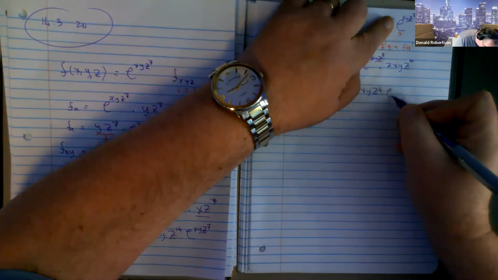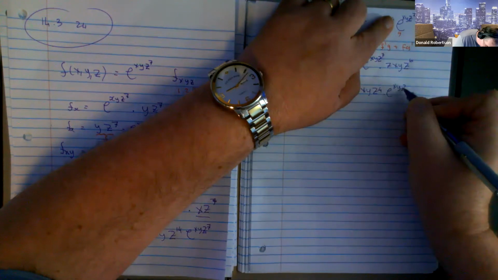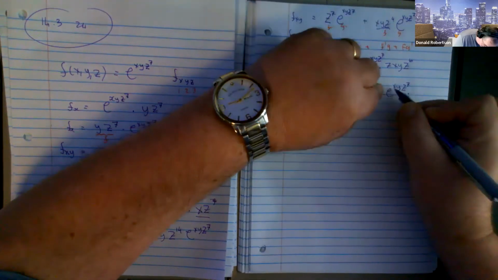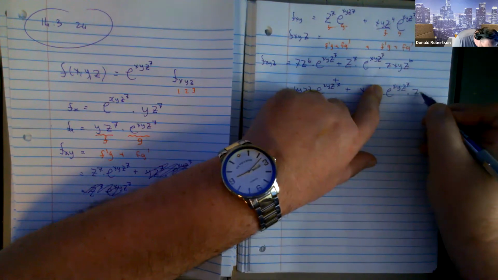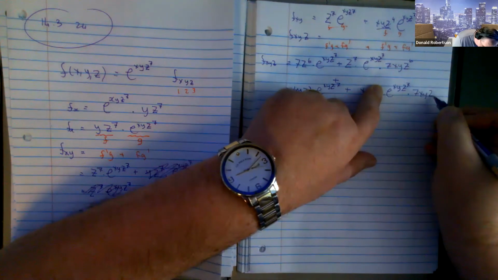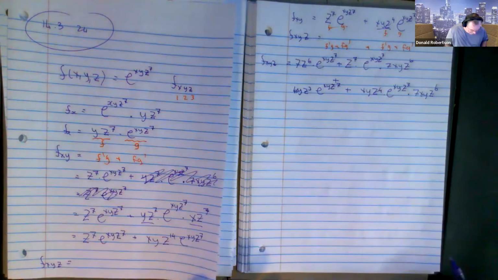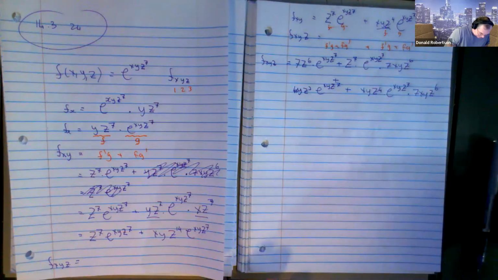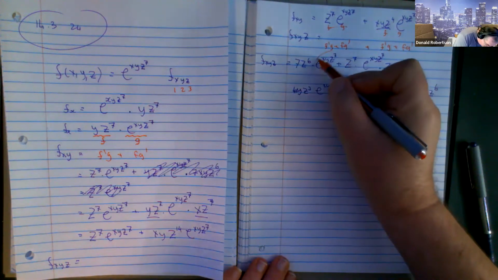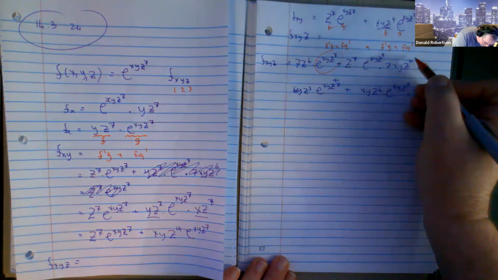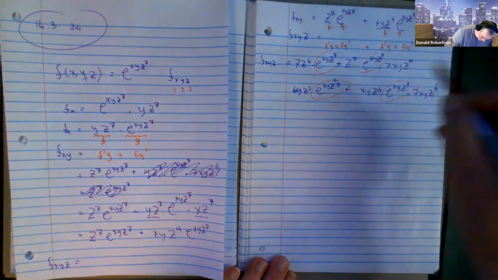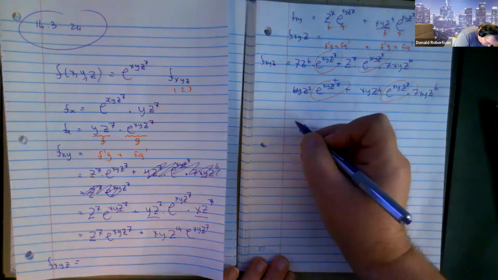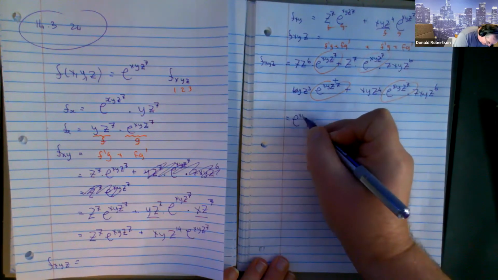And then you differentiate this guy, and you get e to the x, y, z to the 7 times the derivative of this with respect to z again, which gets you another one of those guys. What do I have? I have this fella, this guy, and this guy is a common factor. So all those terms have that in it.